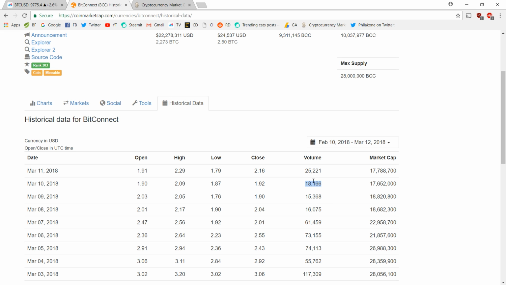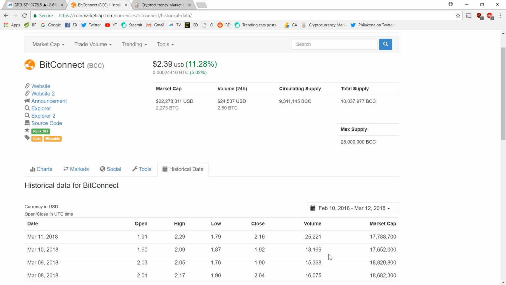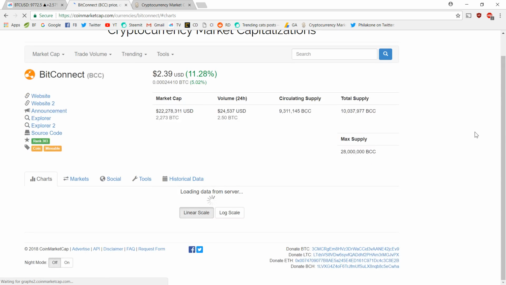March 10, $18,000. March 11, the whole market decided to rush in. Look at this $3,000 jump right here, okay guys? $3,000 jump from March 10 to March 11. And today, guys, our 24-hour volume is actually up by $300 right now. Market cap is $22 million. There's probably a lot of people that are still holding very strong from the $400 mark.